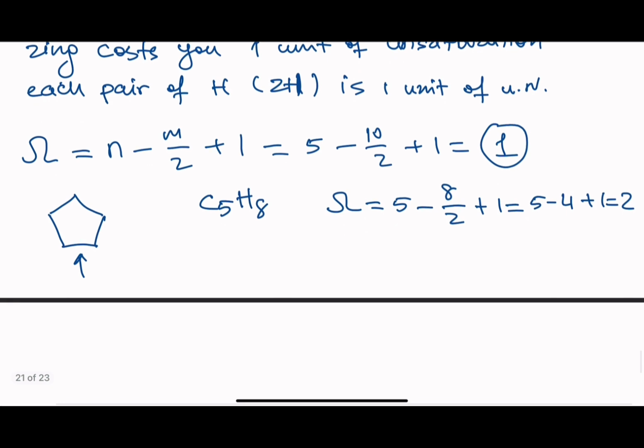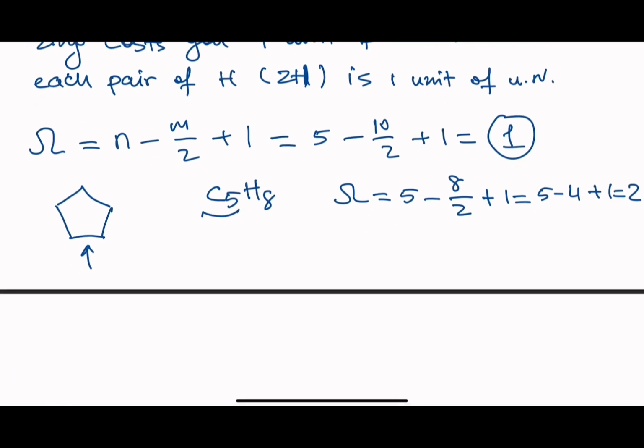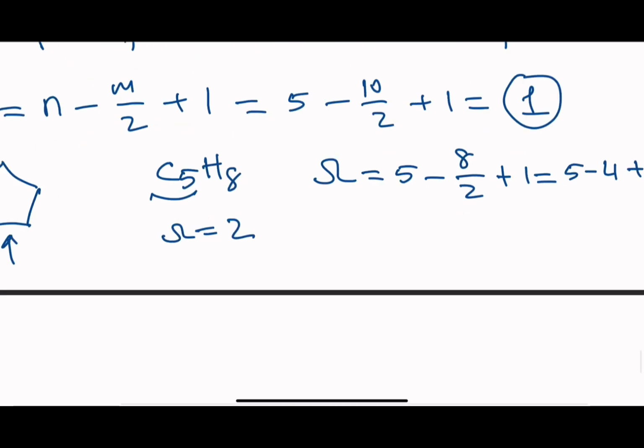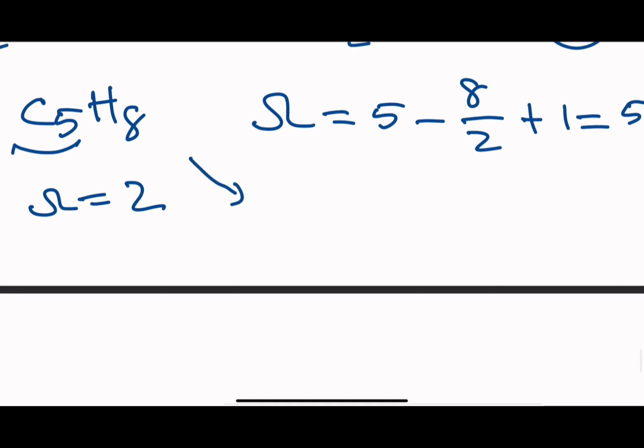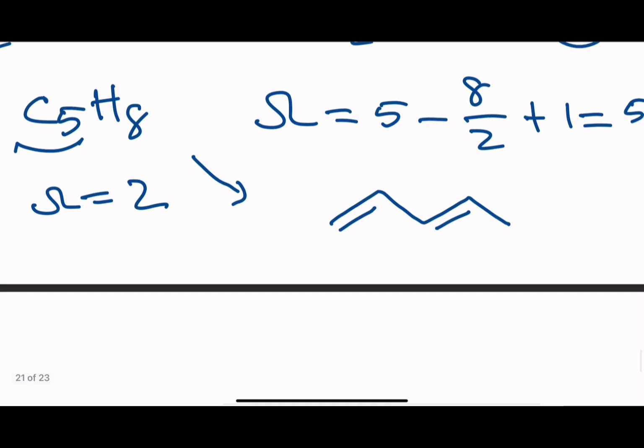So now you need to have 5 carbons, and your unsaturation unit is 2. I can draw this compound like this. I got 5 carbons, right? And I can put 2 double bonds. Each double bond is 1 unsaturation unit.